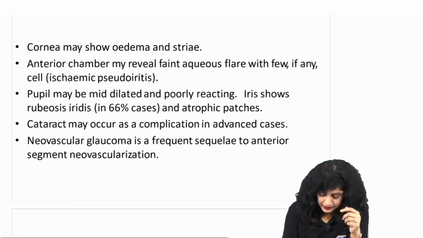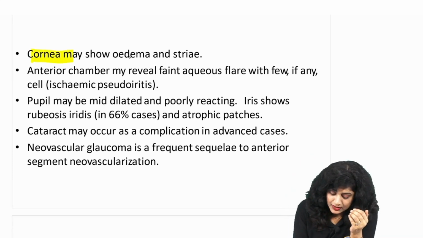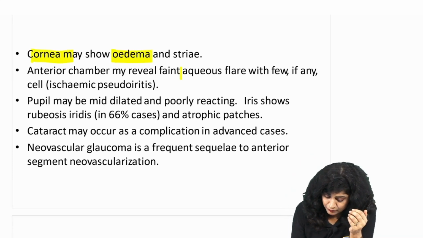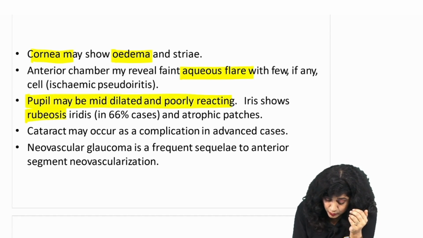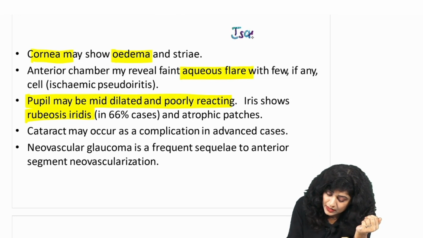Alright, now look at the signs. We may have signs of anterior segment ischemia also, like edema in the cornea, anterior chamber flare could be there, pupil may be dilated and poorly reacting, rubeosis iridis, because whenever you have ischemia, you will always have neovascularization also.